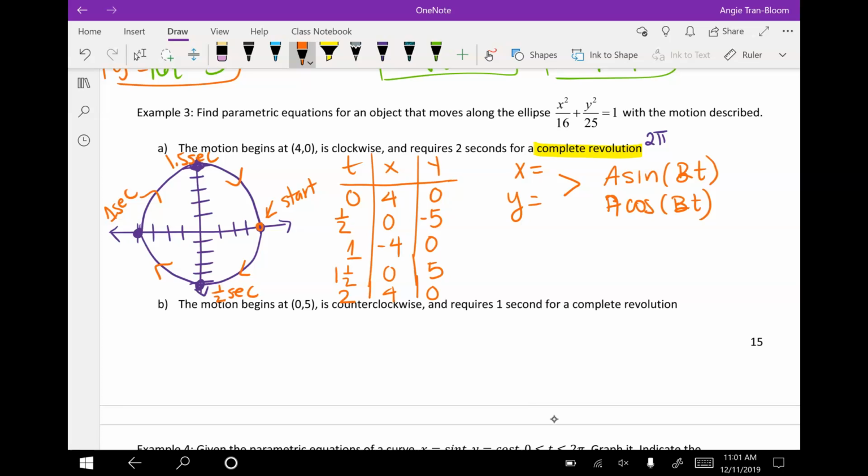Would you agree? Cosine is defined when the angle is 0. So that's what we're going to pick for x. It's not always like that, but for this one, x equals some a value cosine of some b value times t. Since x is already chosen, y will get the other one.